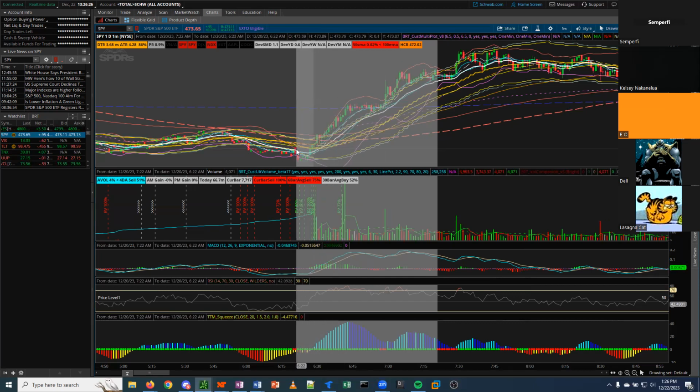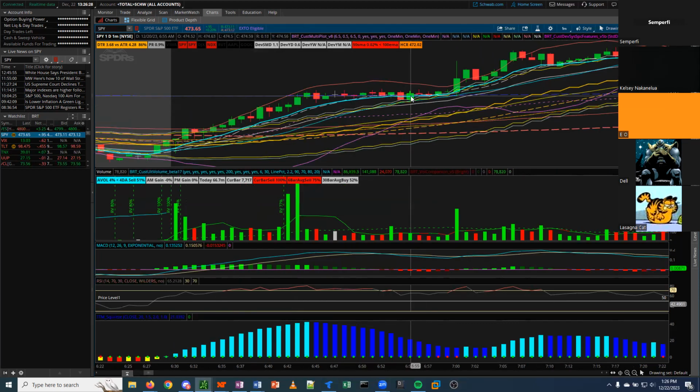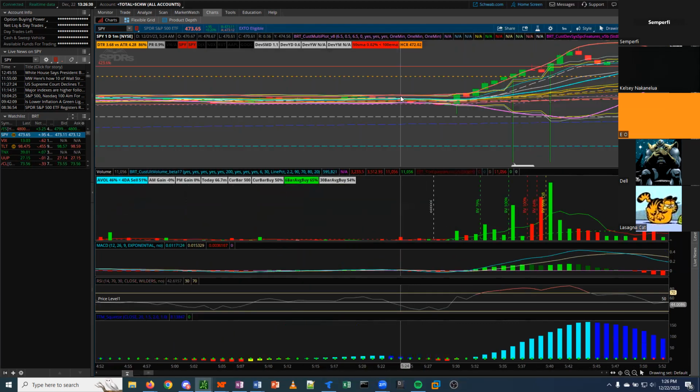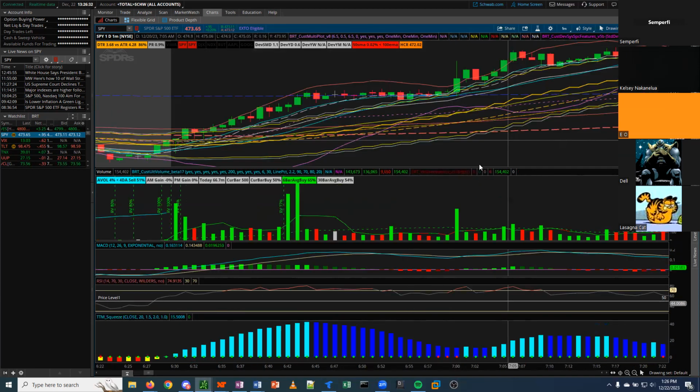There's a lot going on right there. The sellers try to take control on this candle right here. And this is where you've got to correlate. This is another thing that will help you: correlate the candle to the volume.